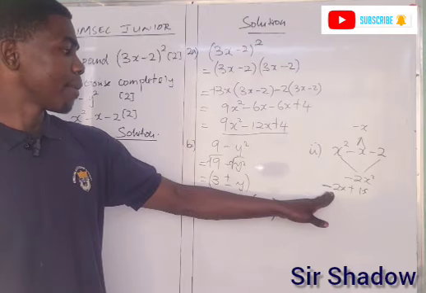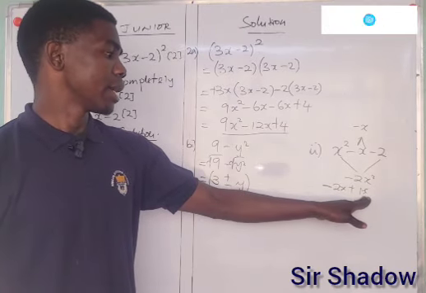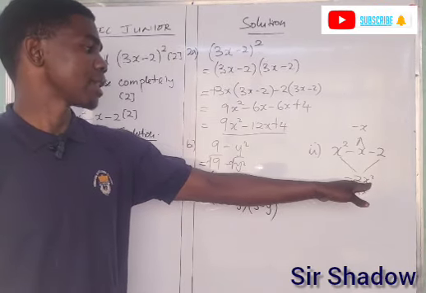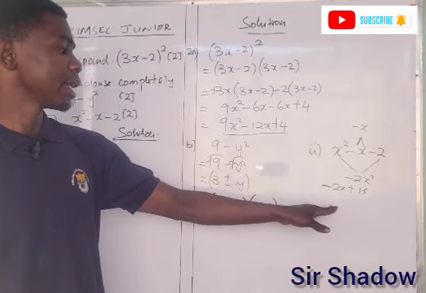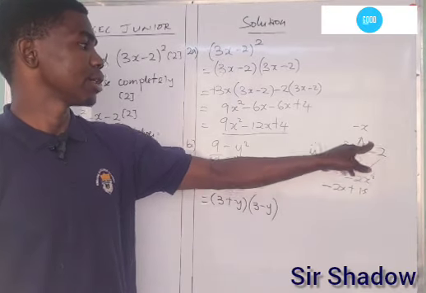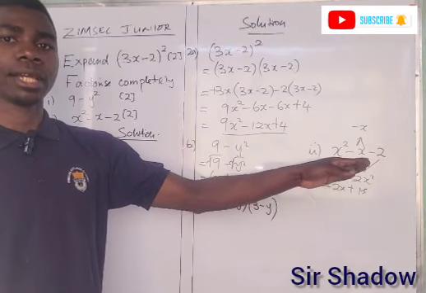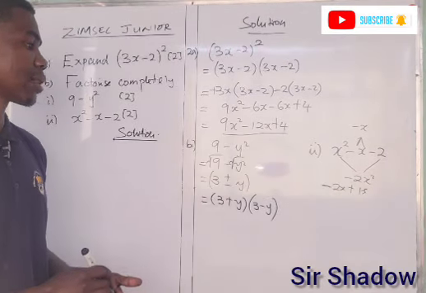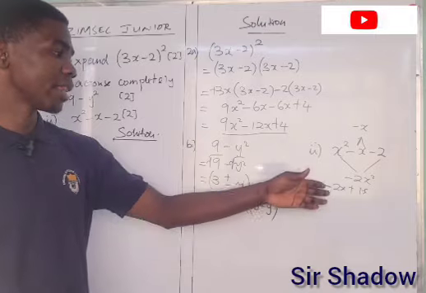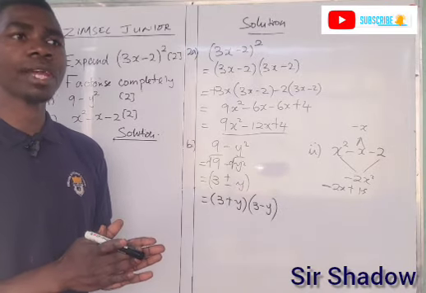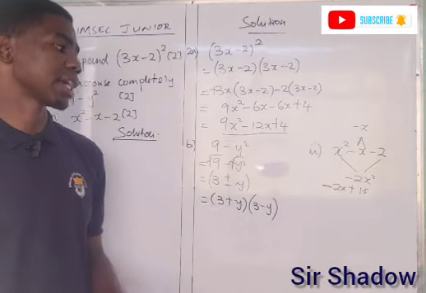If you multiply minus 2x times x, it will give us minus 2x squared. Then if you add minus 2x plus x, it will give us minus x, meaning that minus 2 and 1 are the factors, whereby if you multiply them, they give us minus 2x squared, and if you add them, they give us minus x.